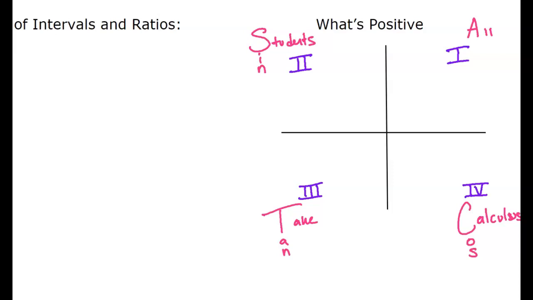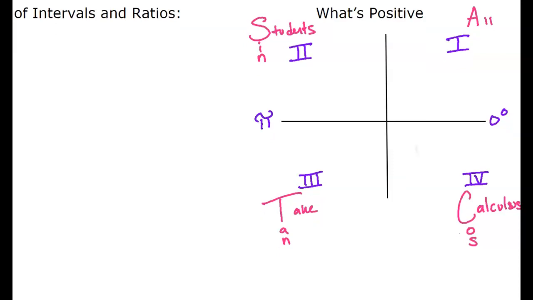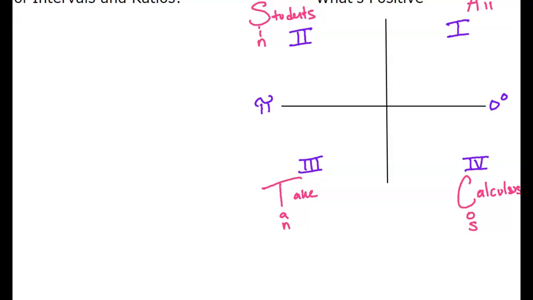Starting from that initial 0 degrees, which I have as my positive x-axis, my pi is way over here on the negative x-axis line. That's 180 degrees if I'm starting at 0. And then 3 pi over 2 is the equivalent radian for 270, which is the bottom line.